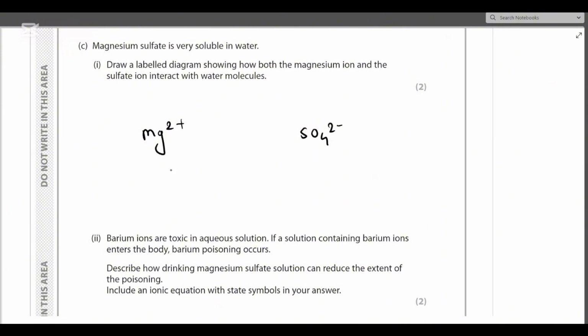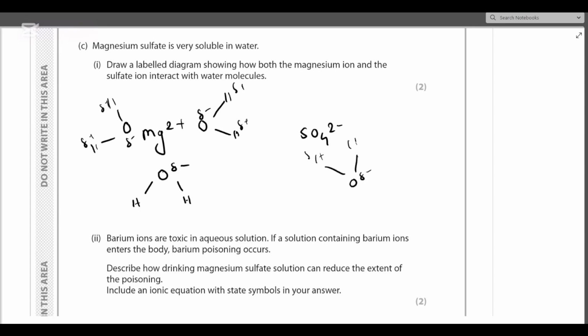The cation is going to attract the partially negatively charged oxygen atom of water, something like this. And for the sulfate, it's just the opposite. That is, it attracts the partially positively charged hydrogen atoms down here.